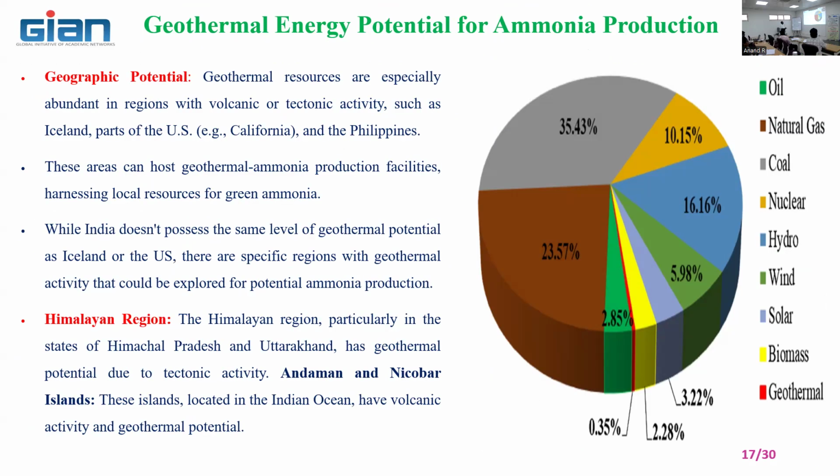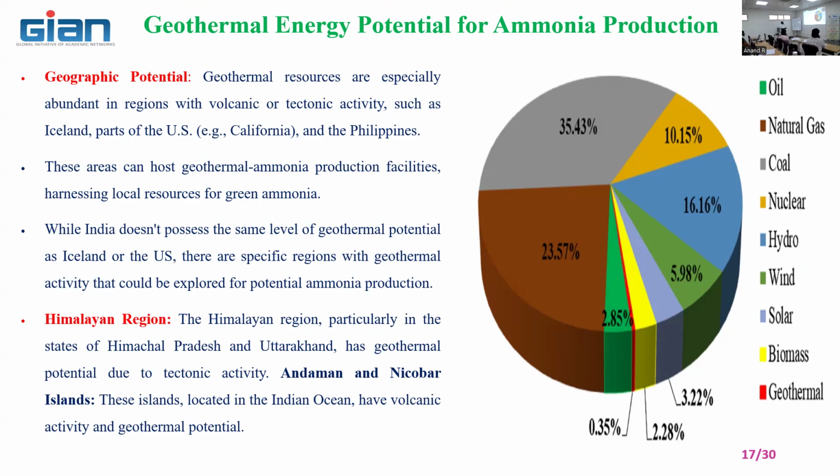There is a distribution of different renewable energy sources compared with the conventional ones. You can see that natural gas and coal still dominate power generation. Coal is almost 35.43 and natural gas is about 23.57.